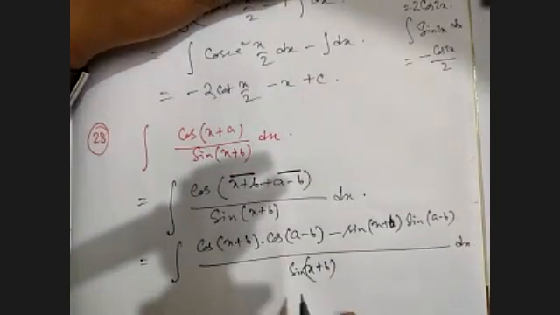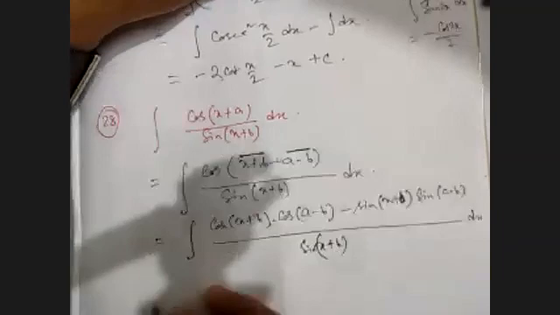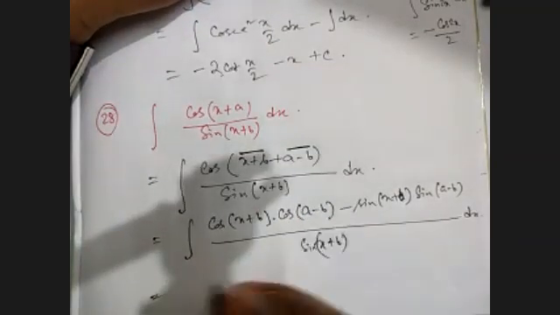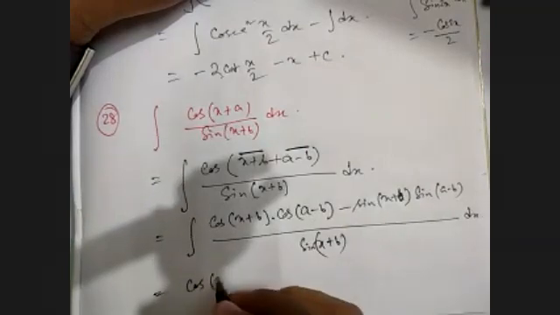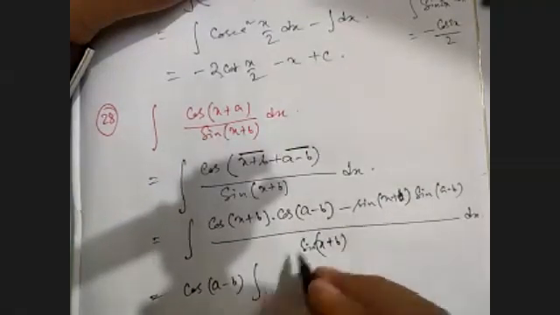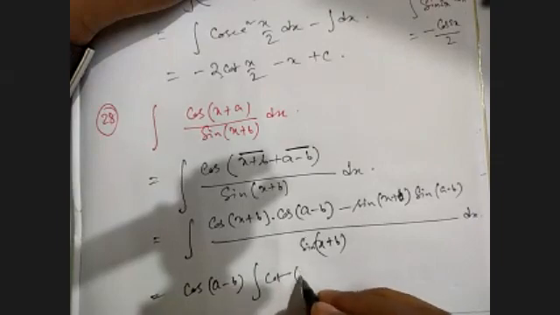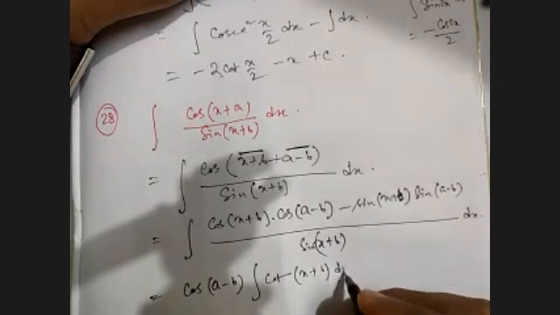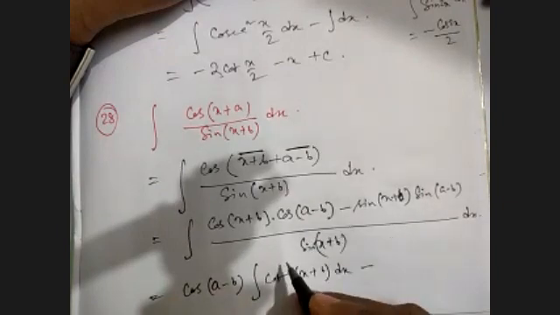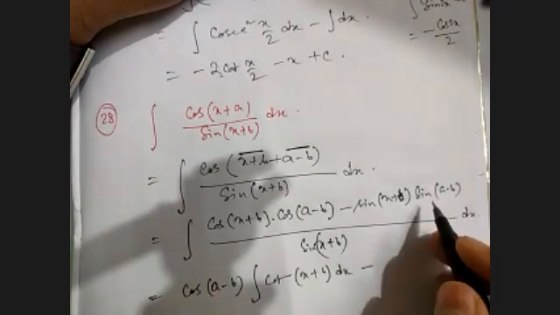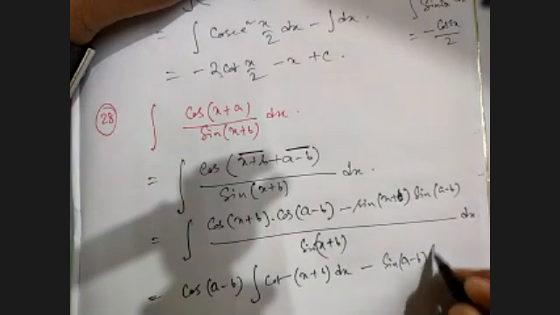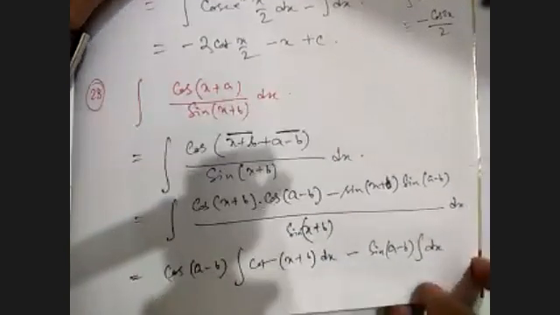Now check, this divided by this, what will it give? Cos of (a minus b). This is totally constant, x is not present, so you can write it outside. Cos of (a minus b), integration of cot (x plus b), minus sin (x plus b) cancels, and sin of (a minus b), this is also a constant term, integration of dx.